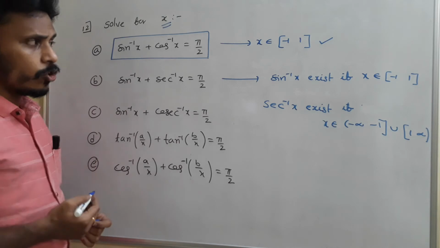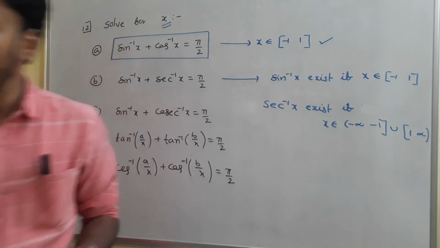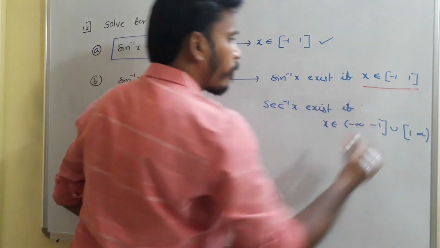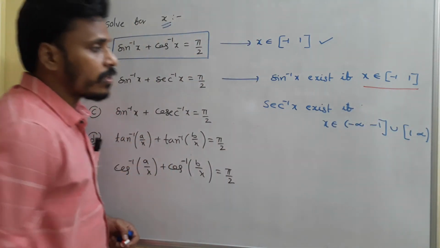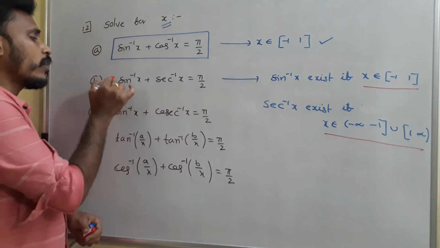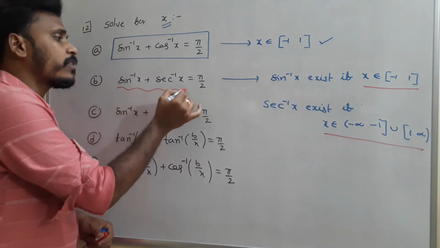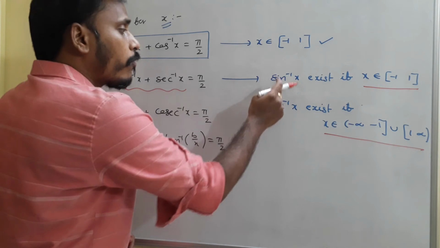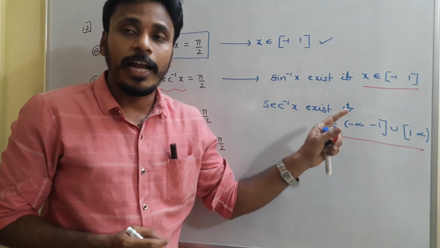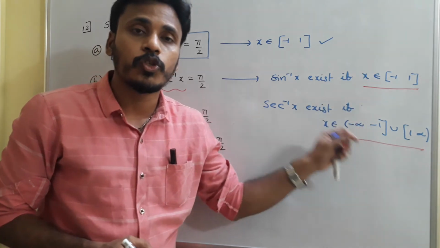See, just have a look. Sin inverse x exists only for these values of x. Secant inverse x exists for these values of x. So now we need to think about sin inverse x plus secant inverse x. The sum of these two exists for the values of x which are common to these two regions.